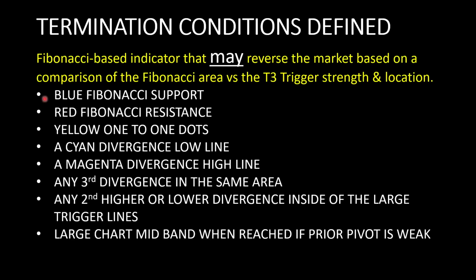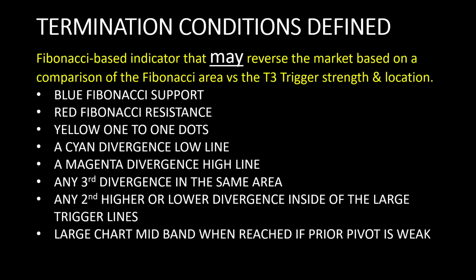So we have blue fib supports, red resistances, yellow 1-to-1 dots, cyan divergence lows and highs. Third divergences in the same area, maybe even the large sharp mid bands, when reached if the prior pivot was weak. And we won't get too far into this, but again, if you hit a line, it may cause a reversal.